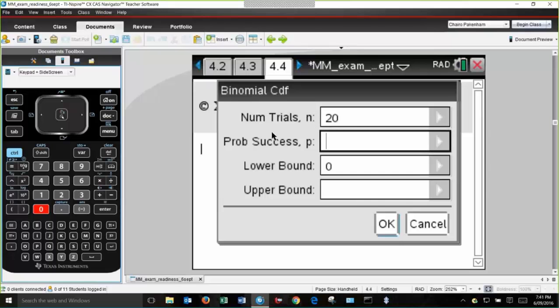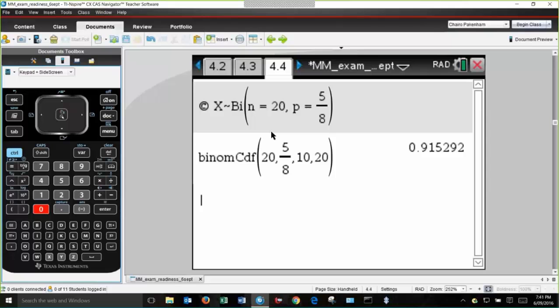Tab, probability of success, 5/8. The lower bound was 10. The upper bound, 20. And we get an answer.